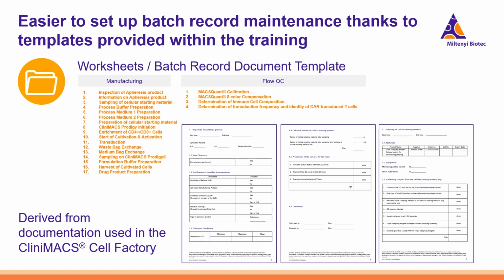And these documents are actually derived from the actual documentation used in our own CliniMACS cell factory, meaning that they are already in a format which is very friendly for adaptation to later GMP conform manufacturing and can be fairly easily used further once the GMP conform manufacturing starts to continue documenting the activities, meaning that there is significant relief in the burden of having to develop your own worksheets and your own batch record documents.